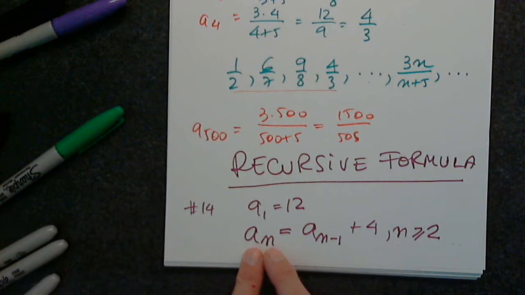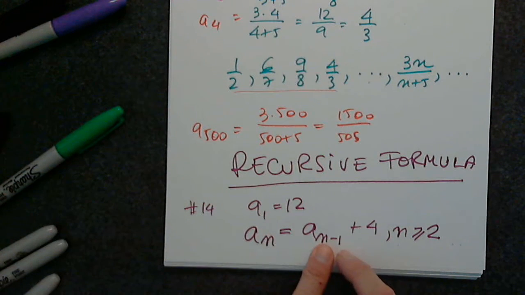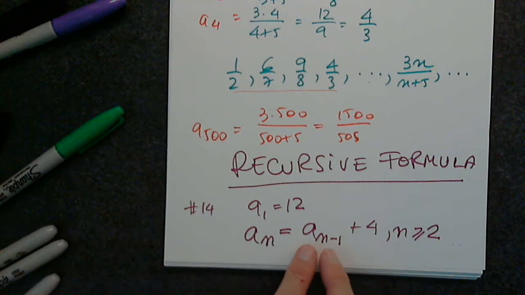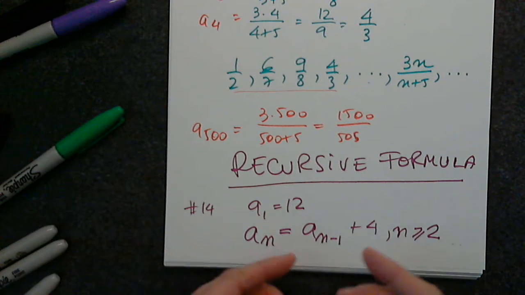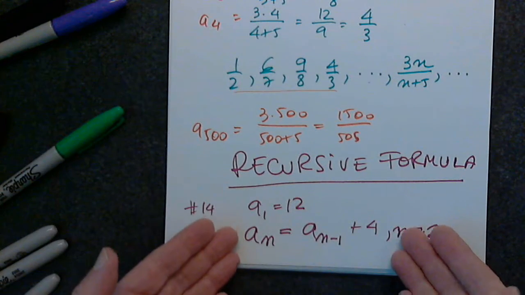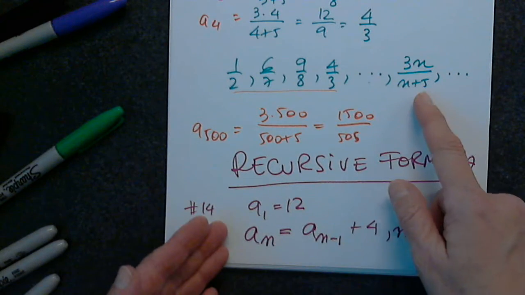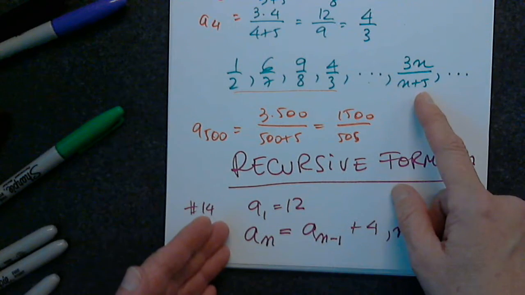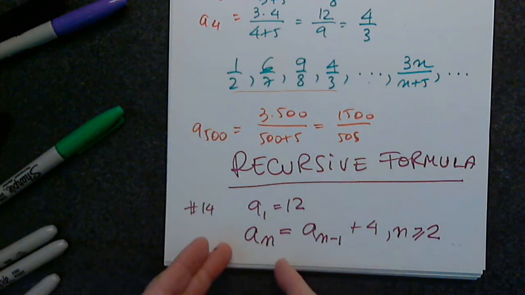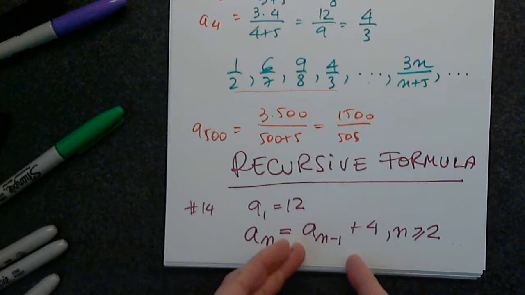So A2 will depend on A1. A5 will depend on A4. A10 will depend on A9. So this is a recursive formula where we do not have a clean A sub n. Unfortunately, it depends on the previous one.